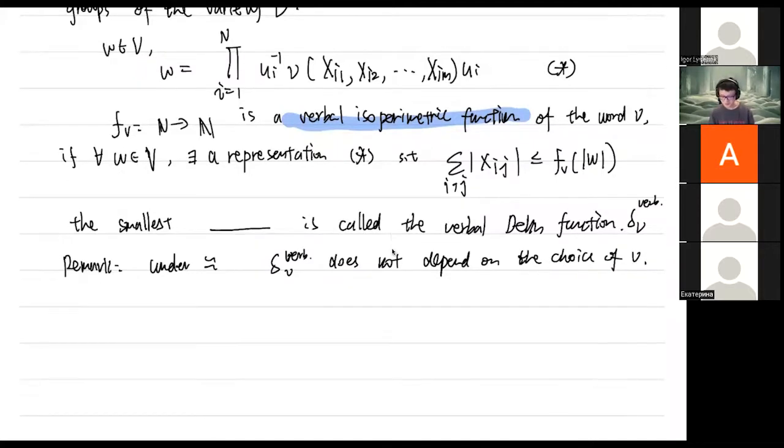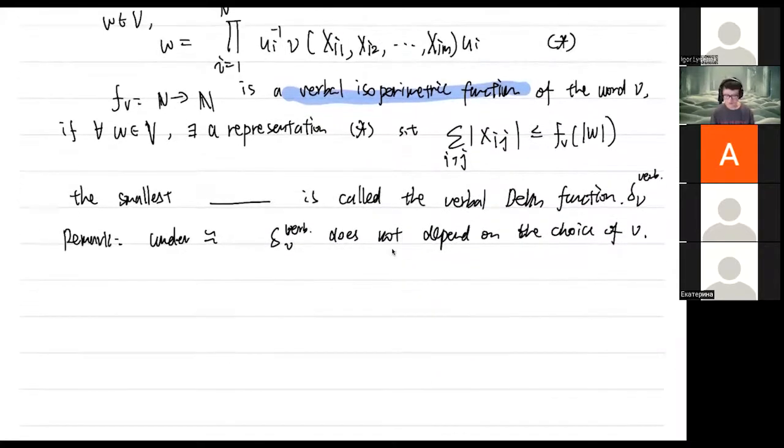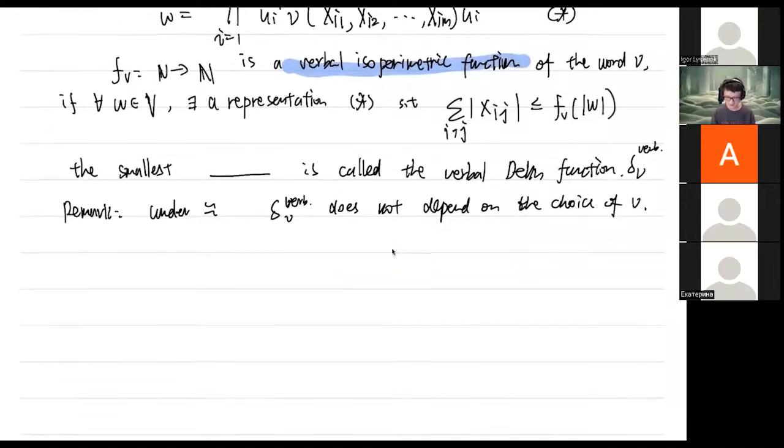So what is the use of this? Here they have a nice embedding theorem, but first they prove that the verbal Dehn function is superadditive. So our old friend, superadditivity.